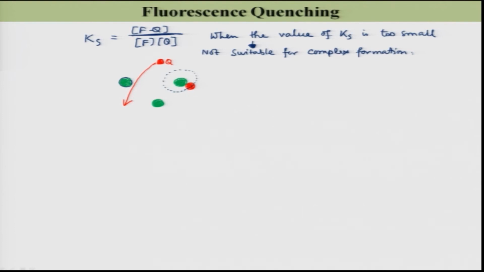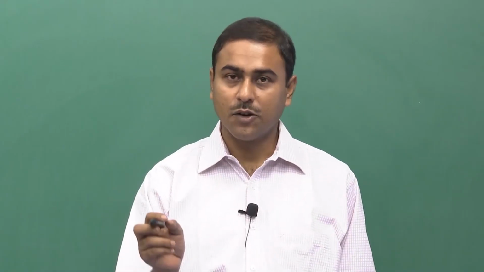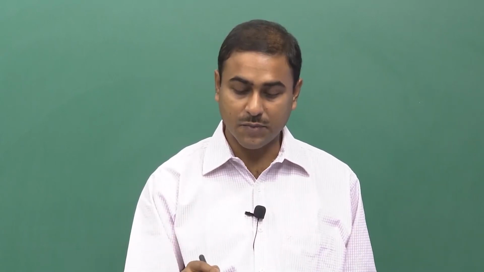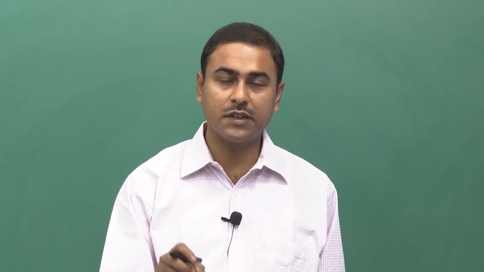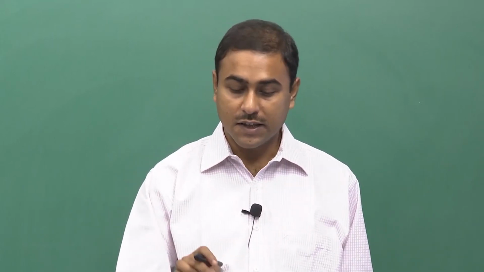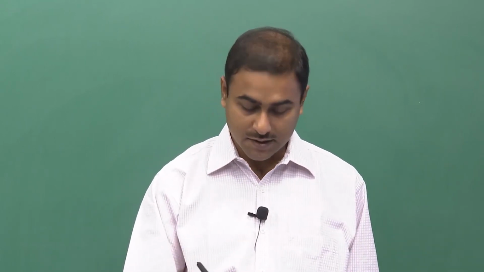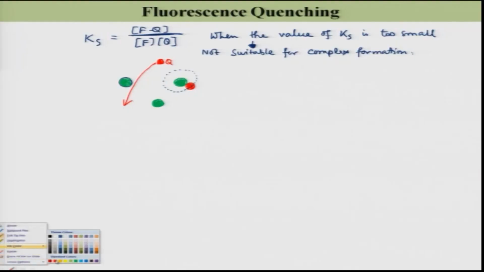So, this is the volume made up with the radius of the fluorophore plus the radius of the quencher, and I consider that if the quencher is present within this volume, the probability of quenching is unity. That means, whatever the fluorescence is there by this fluorophore, that will be completely quenched by this quencher molecule. If the situation is like this, then it is quenched; if the situation is like this, then it is not.